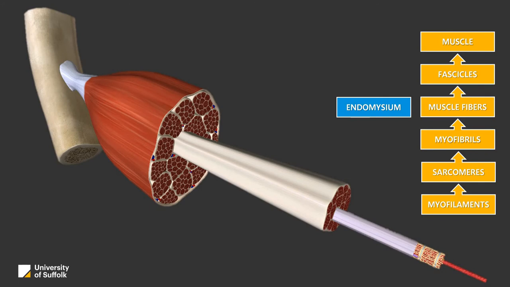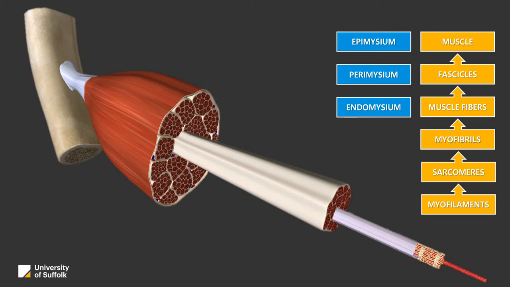You can see that here, this light grey area around the cell. The fascicles are held together with a level of connective tissue called the perimysium, you can see here. And the muscle itself has a protective sheath that wraps around it called the epimysium.